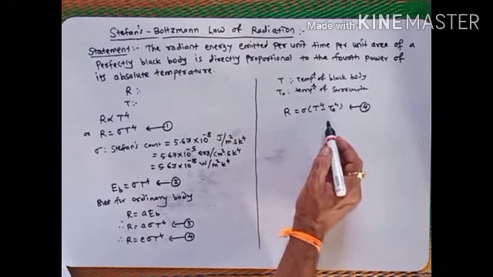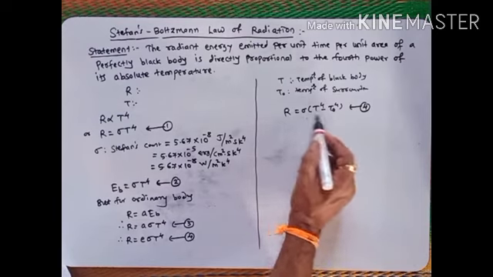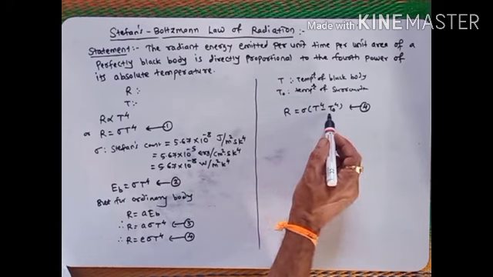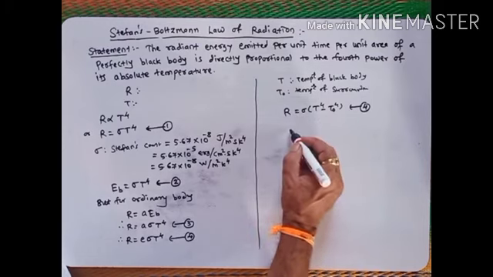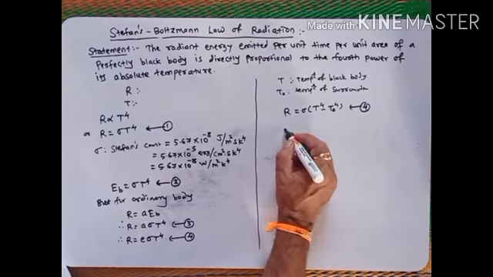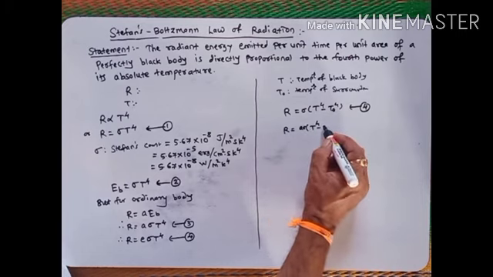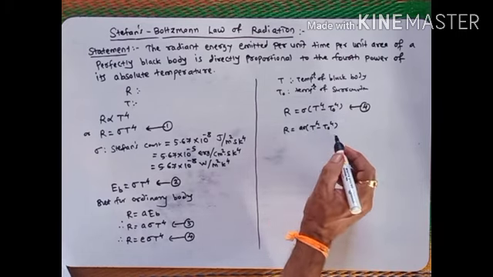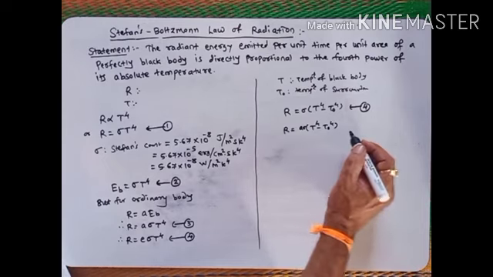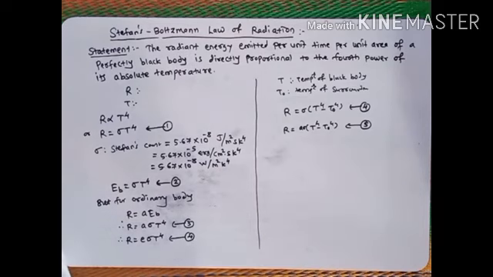This is the rate of loss of heat per unit area, or R is equal to A sigma into T raised to 4 minus T0 raised to 4, this is equation number 4, or R is equal to A into T raised to 4 minus T0 raised to 4, equation number 5. And this is all about Stefan-Boltzmann law of radiation.